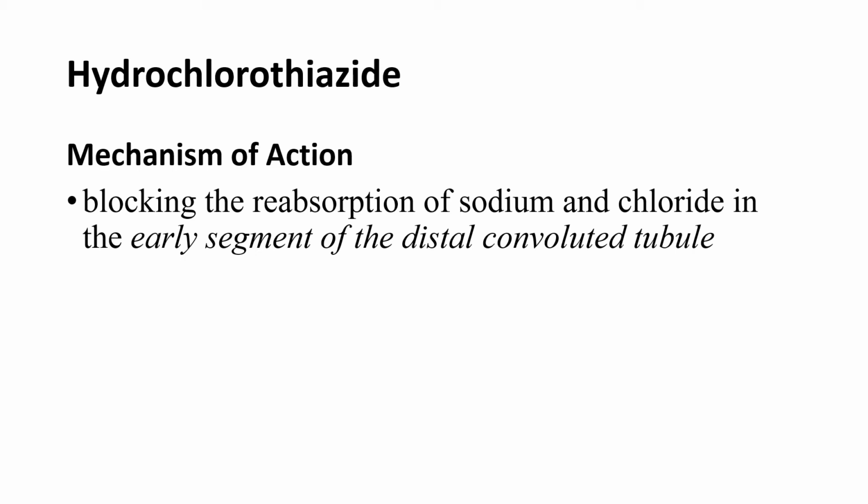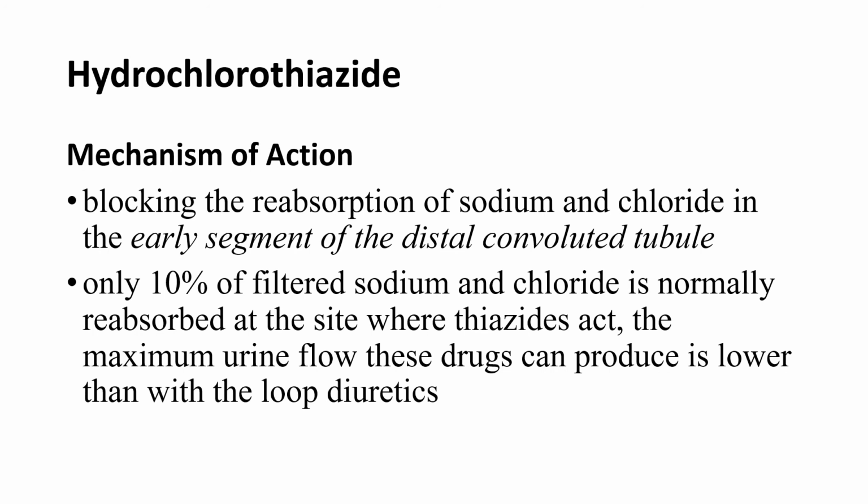So retention of sodium and chloride in the nephron causes water to be retained as well, thereby producing an increased flow of urine. Because only 10% of filtered sodium and chloride is normally reabsorbed at the site where the thiazides act, the maximum urine flow these drugs can produce is lower than with the loop diuretics.